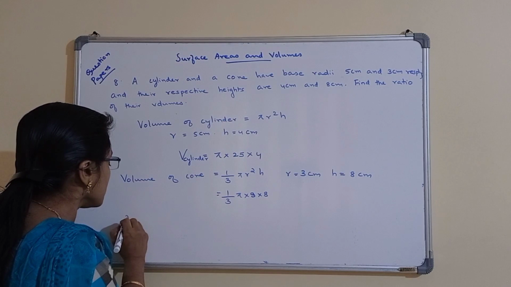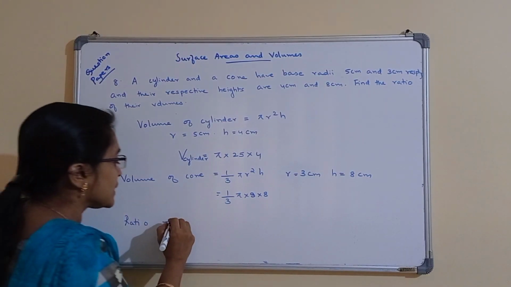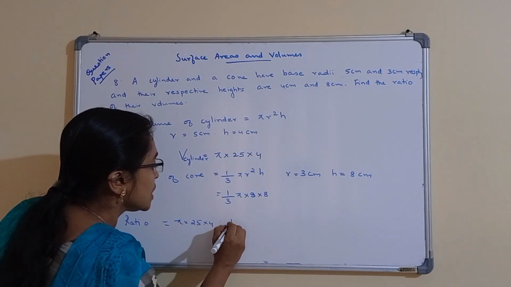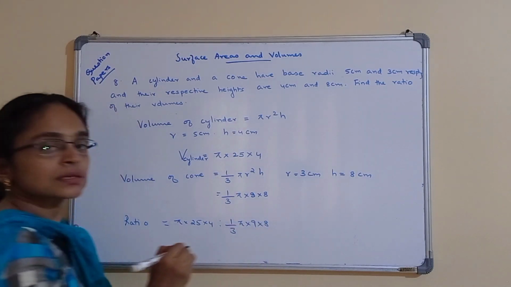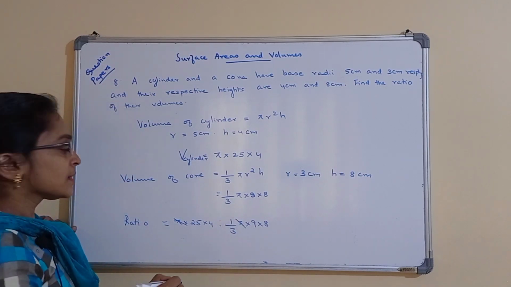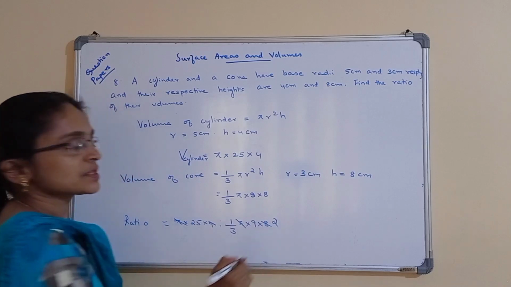Now ratio of the volumes. Ratio is equal to pi into 25 into 4 is to 1 by 3 pi into 9 into 8. Okay, now pi and pi will get cancelled and 4 will go in it 2 times.